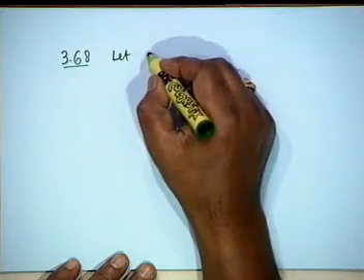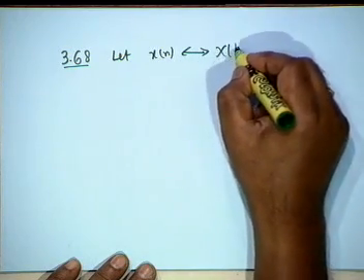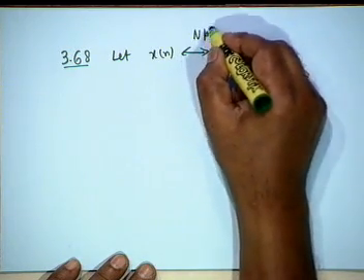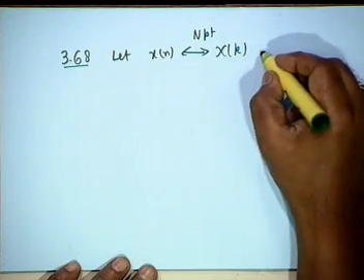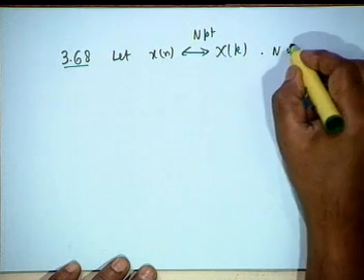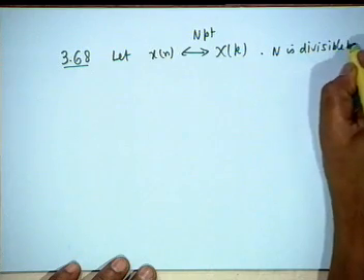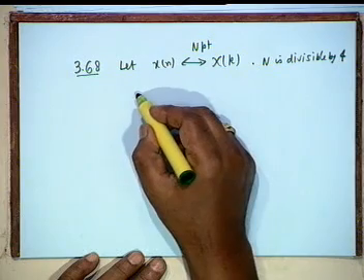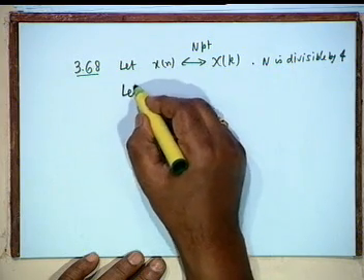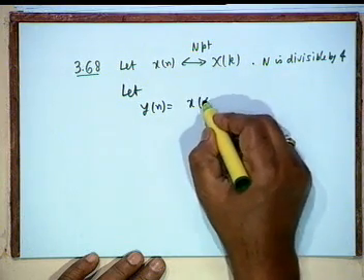Let x of n and capital X of k be N point DFT pairs, and N is divisible by 4. Let y of n be equal to x of 4n.